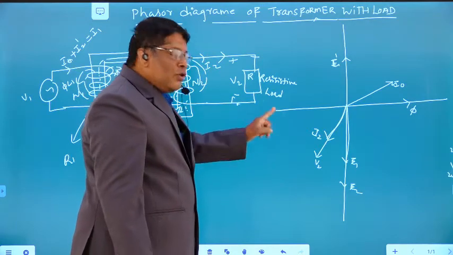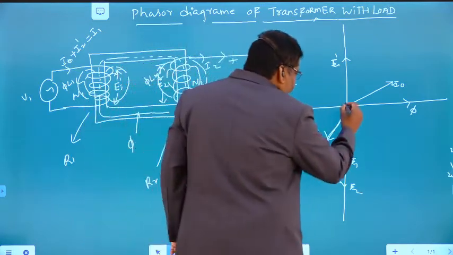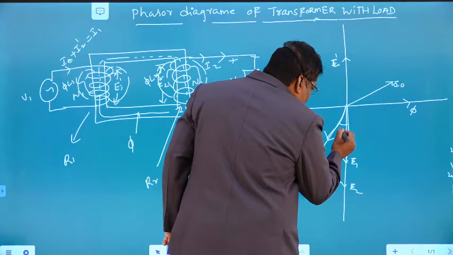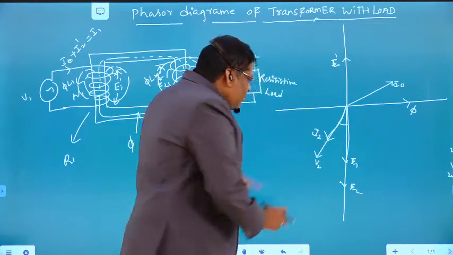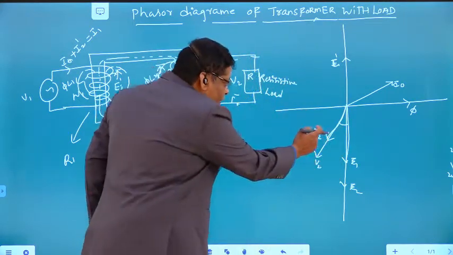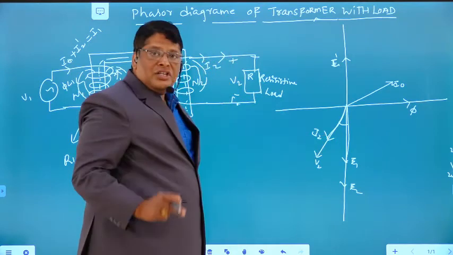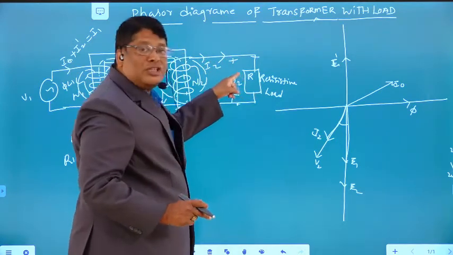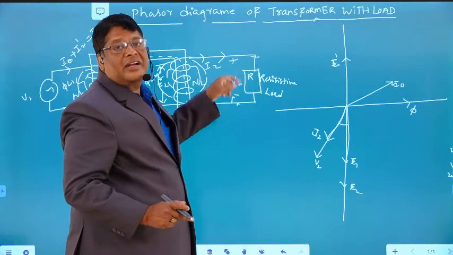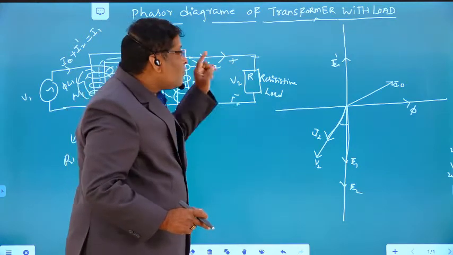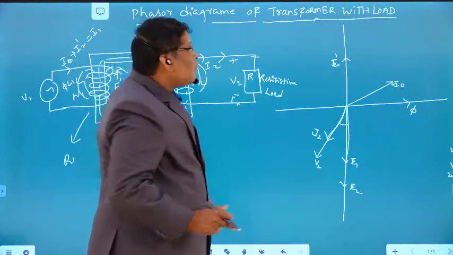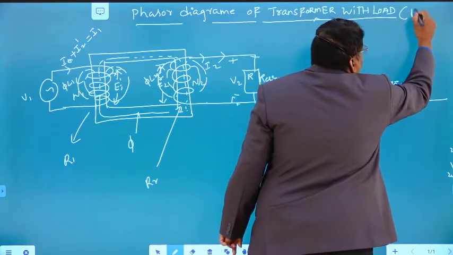Now you draw the I2 dash. If you observe, the angle between V2 and I2 is 0 because we are assuming that a resistive load is connected. This is the phasor diagram of the transformer with a resistive load, R load.